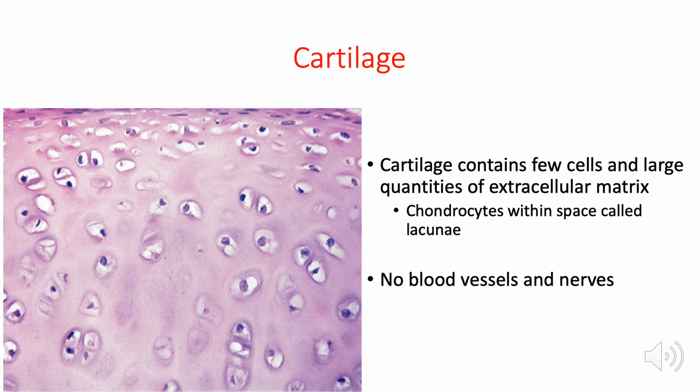Then, look at the extracellular matrix. You won't see in there red-colored areas which could represent blood vessels because cartilages are avascular and aneural, meaning they don't have blood vessels and nervous tissue. By the way, the chondrocytes in the picture are occupying spaces called lacunae.